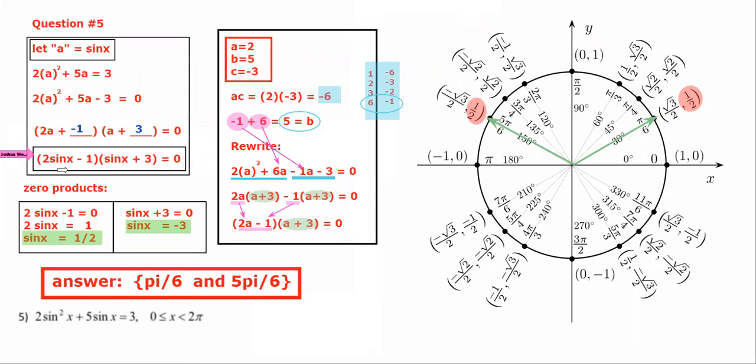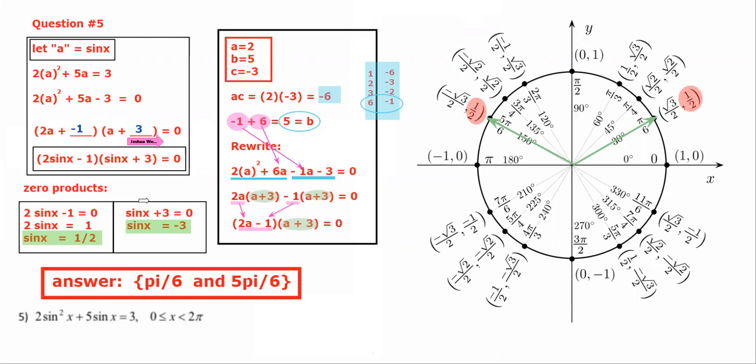Okay, so then we have to find the 0 products for the left factor and for the right factor. And we can see that 2 sine x minus 1 equals 0 means that 2 sine x equals 1 and sine x equals a half. The other solution, if you said sine x plus 3 equal to 0, you get sine x is negative 3.